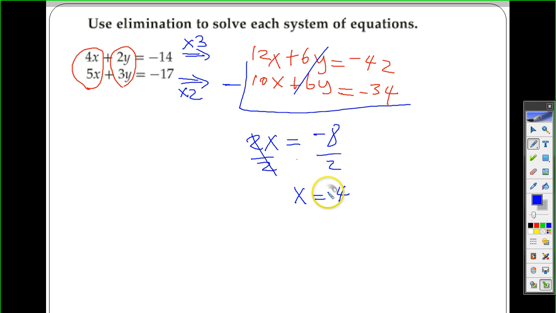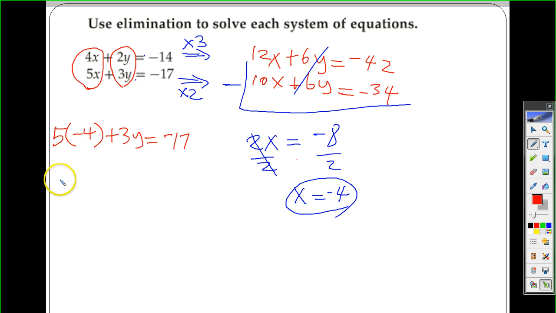So once I have my x, you can put it in any one of these equations, first or second, even these two, but it'd be easier to use a simplified one. So I'm going to use one of the equations here. I'm going to put in the 5x. Now it's 5 times negative 4 plus 3y equals negative 17. Okay, so this makes it negative 20 plus 3y equals negative 17.